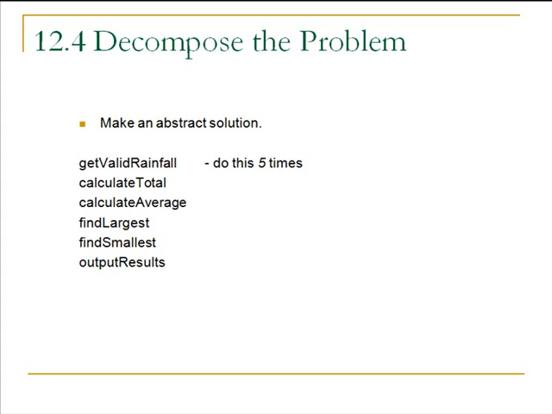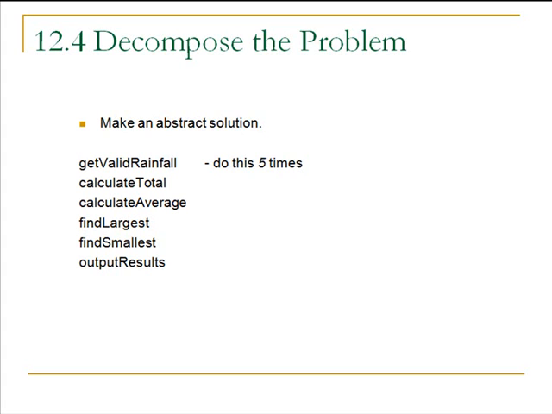I'm going to have a function that gets one rainfall value from the user and returns that. And you'll see why I've done this as I solve it. But I'm going to call that one 5 times. Each time I call it, it will give me back one valid rainfall amount.